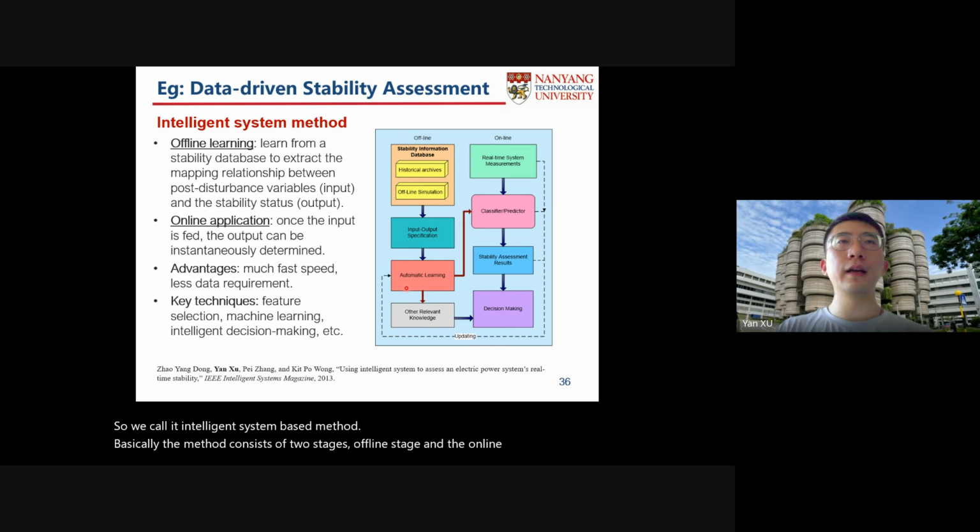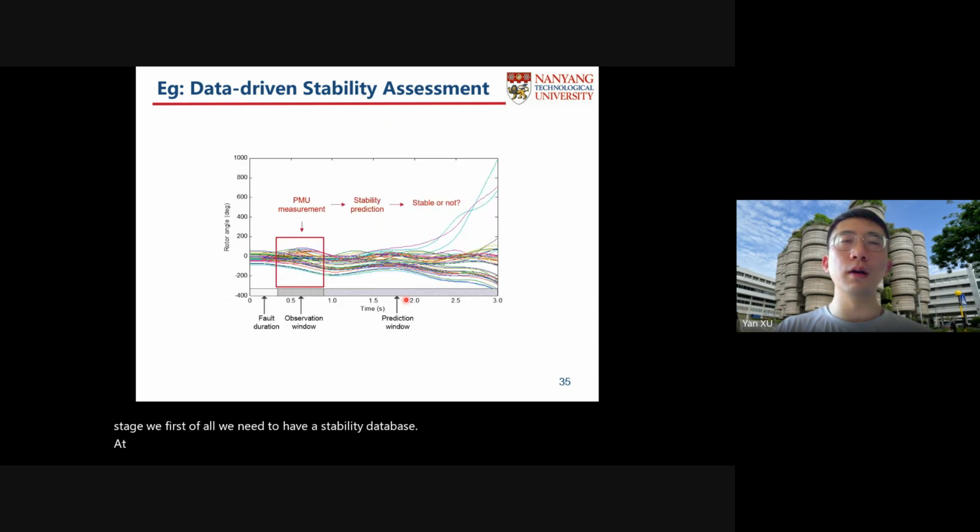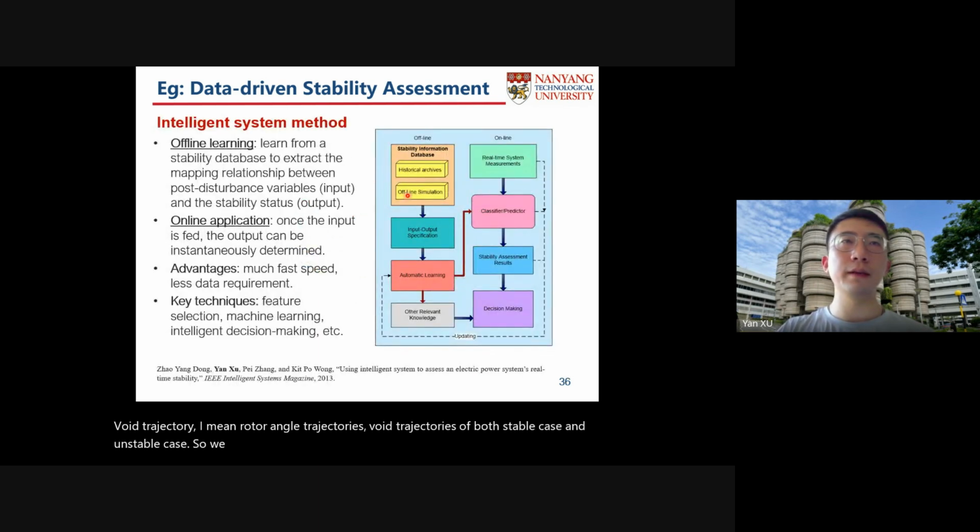At the offline stage, first of all, we need to have a stability database. This database will contain numerous trajectories, root angle trajectories, voltage trajectories, of both stable cases and unstable cases. So we have such a database. Then we have to define the input and output of the machine learning model.